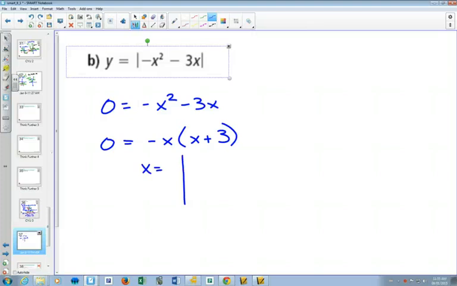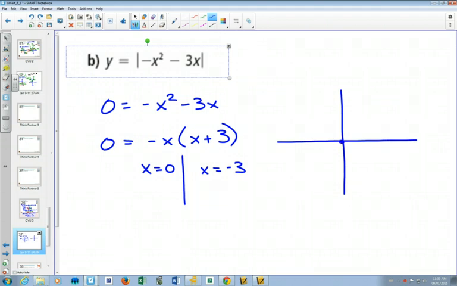Splitting it up tells us that there are two critical values, -3 and 0. So what that means on my graph is -3, 0, and 0, 0 are my critical values.